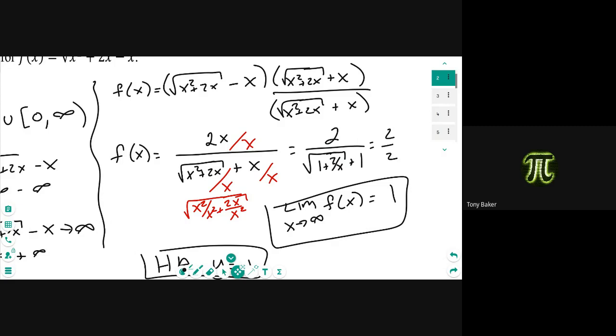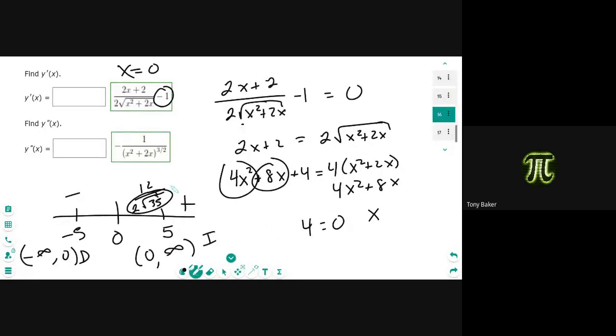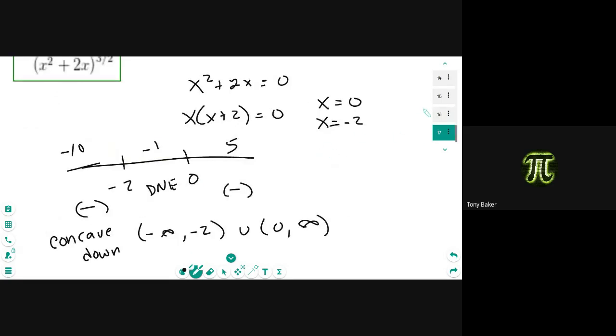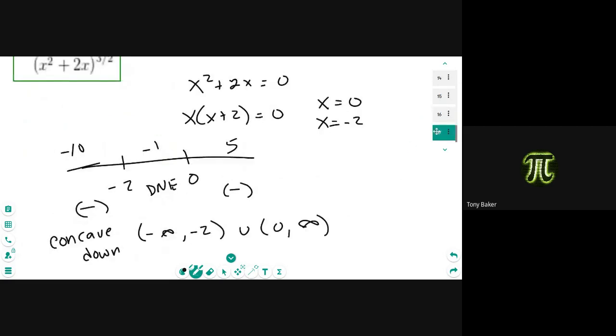And then your interval isn't from negative infinity to 0. It's negative infinity to negative 5, for your concave up and concave down. Okay. Got it now? Okay.